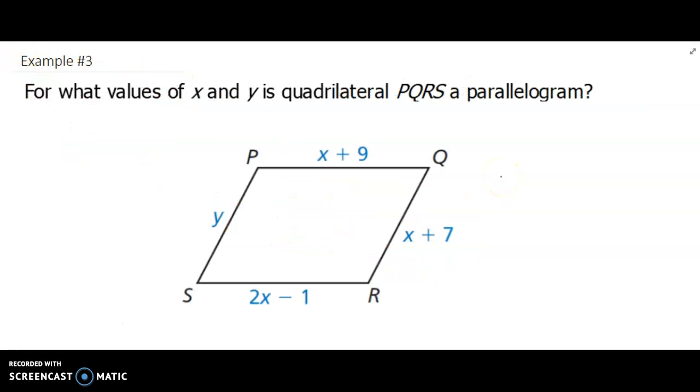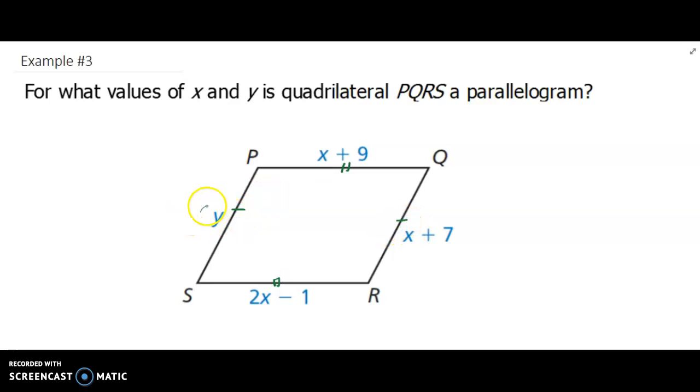All right, I want you guys to look at example 3 and try this one on your own. This one is not too difficult, and then we'll go over it. In order to make this a parallelogram, I know opposite sides have to be congruent.